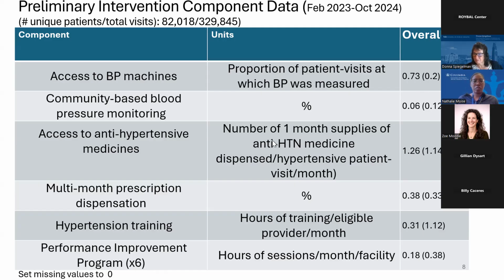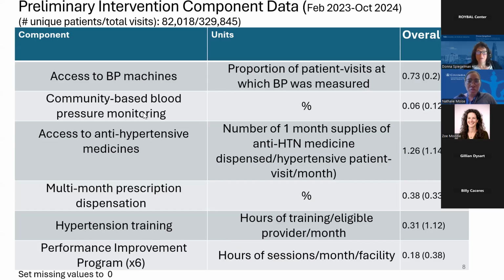About 40% were getting multi-month prescriptions. For eligible providers, we're having an average of like 20 minutes per month of training. And they were having only maybe 0.2 of 10 minutes of performance improvement average per month. So this is what was happening in the intervention group.